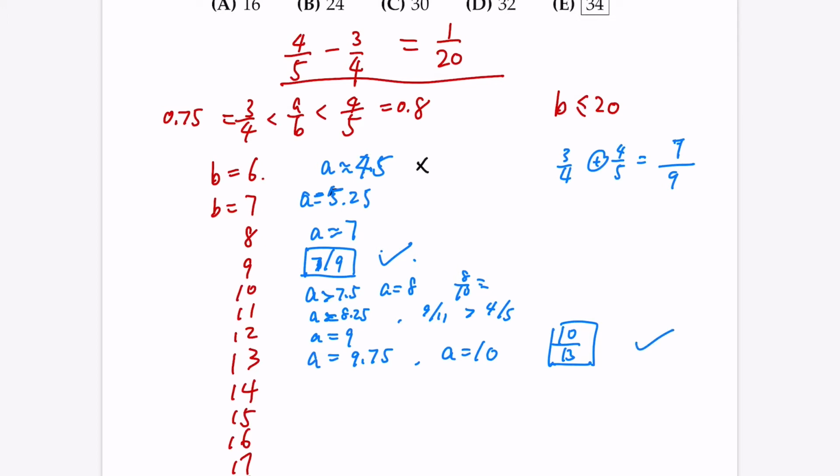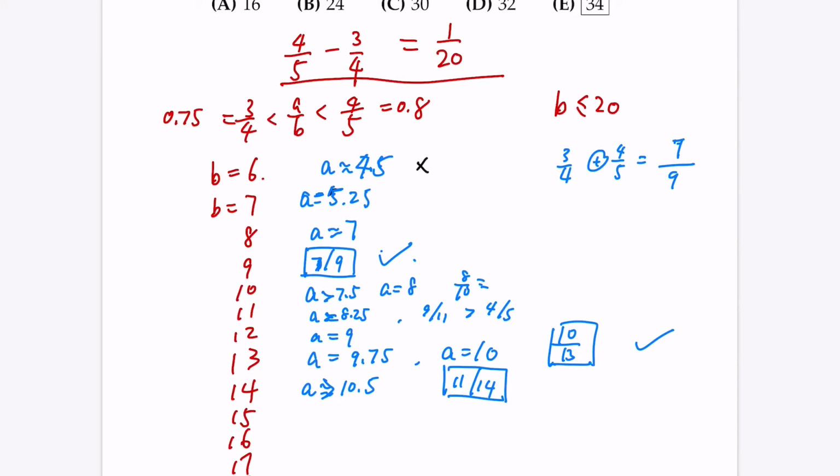Let's try 14. A is almost 10.5, so A should be bigger than 10.5. Let's try 11 over 14. So 11 over 14 should work.